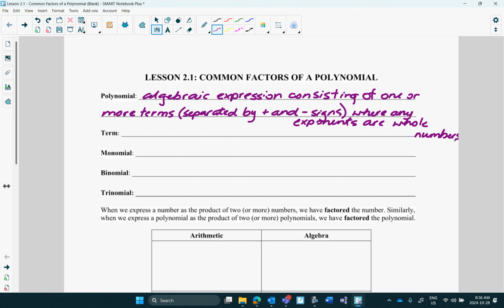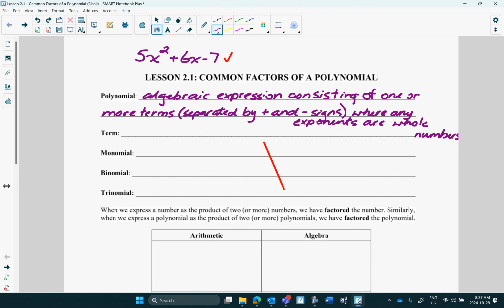So what it means is you can't have fraction exponents, which we looked at in the last unit, and you can't have negative exponents. An example would be, and you've seen these before, we reviewed it last year, 5x squared plus 6x minus 7. That's a good example.